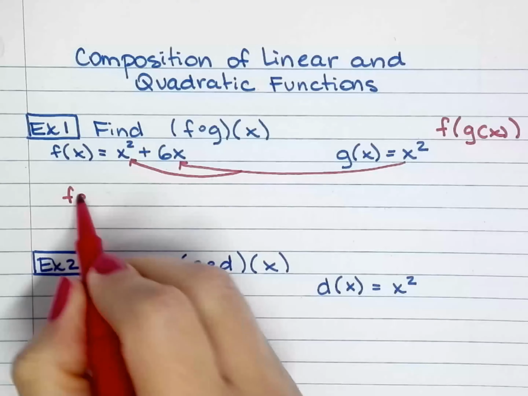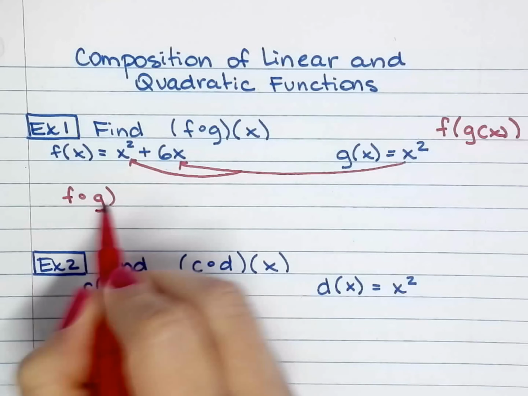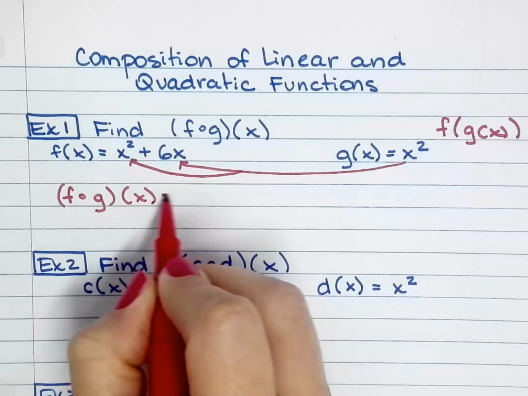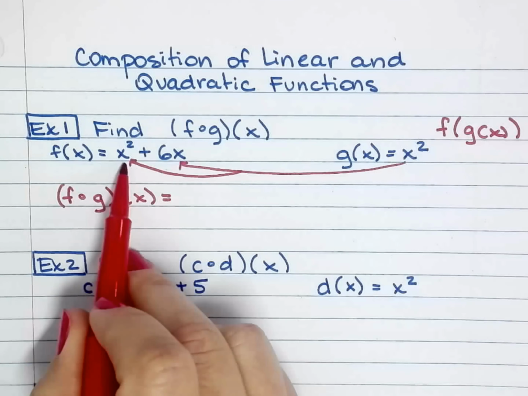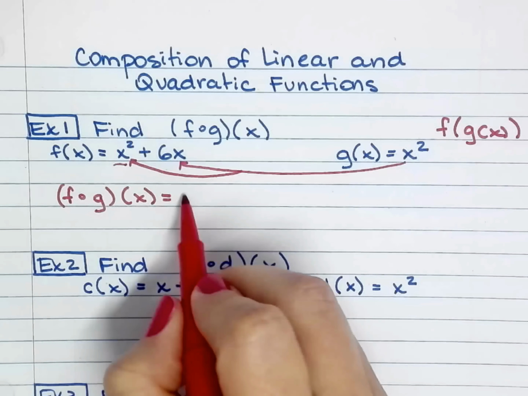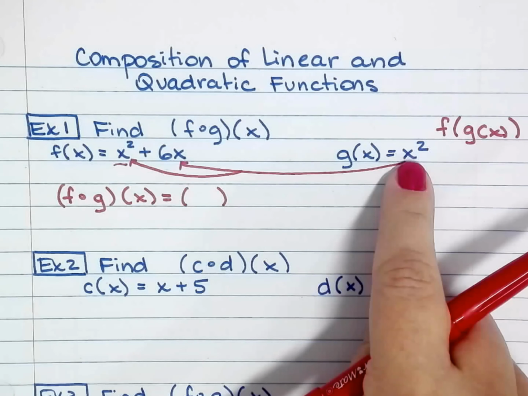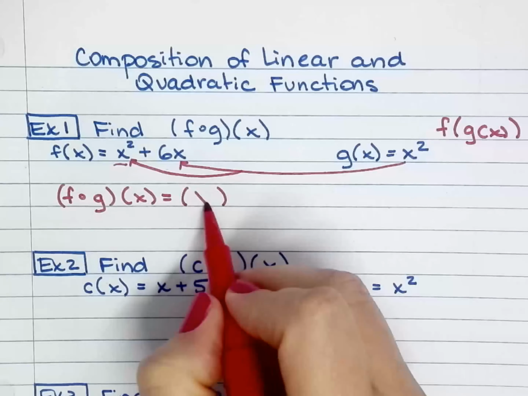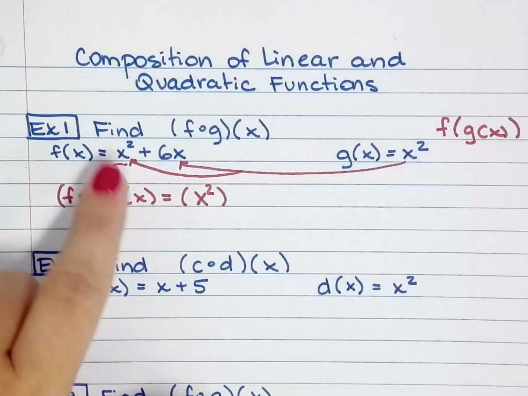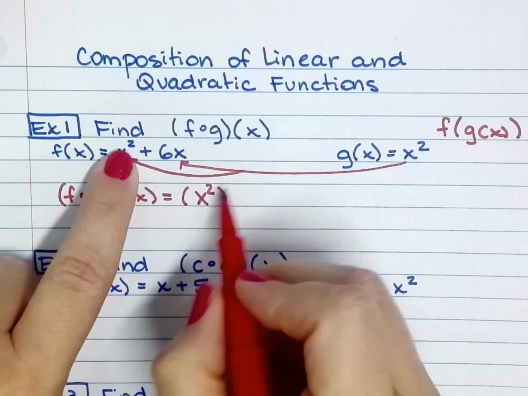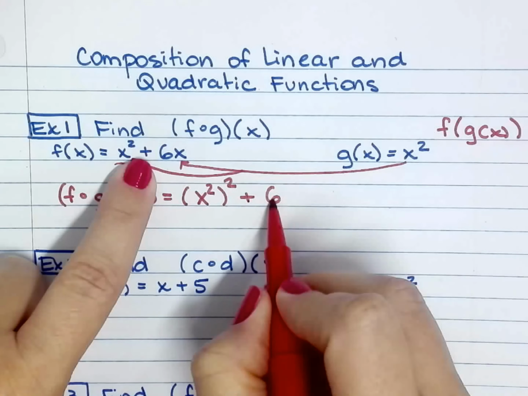So you have f is composed with g of x. So we're going to start with f of x function. So go ahead and replace x with g of x. So g of x is x squared. But here I have x squared plus 6.